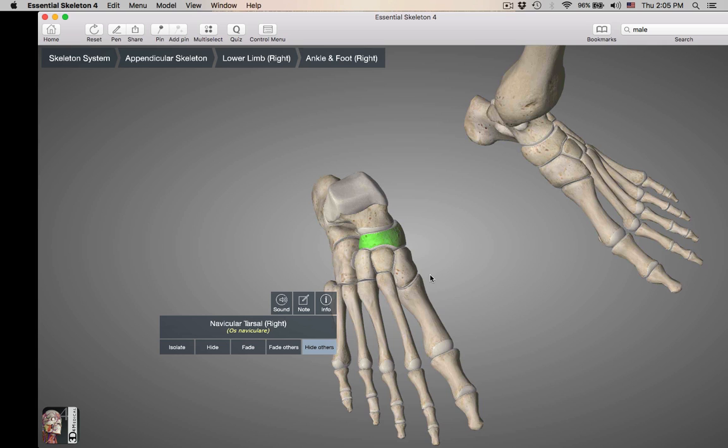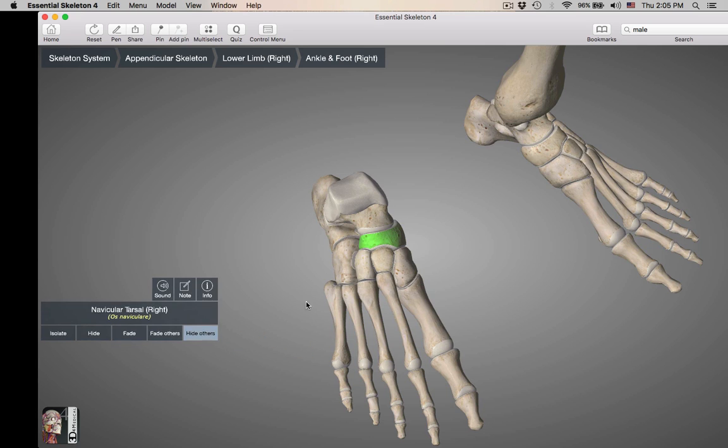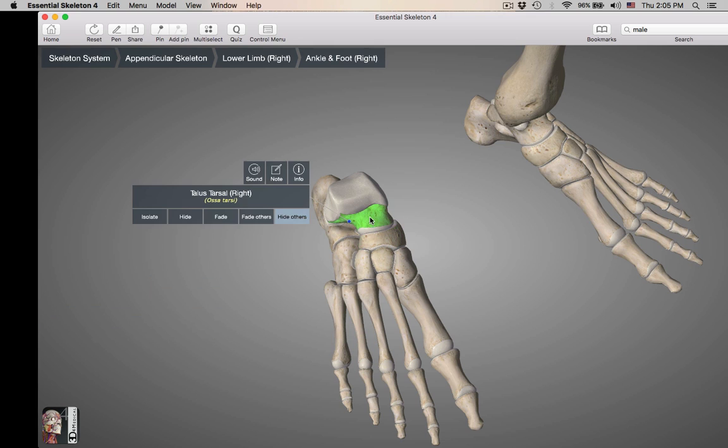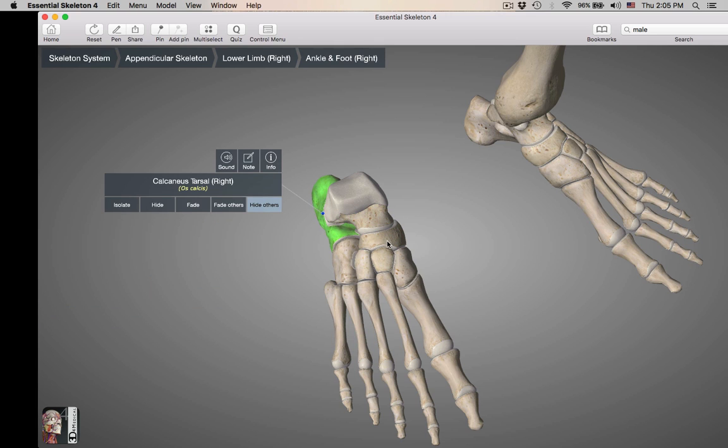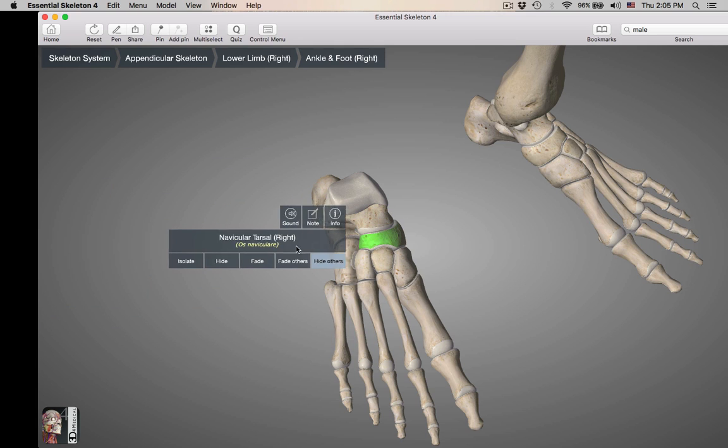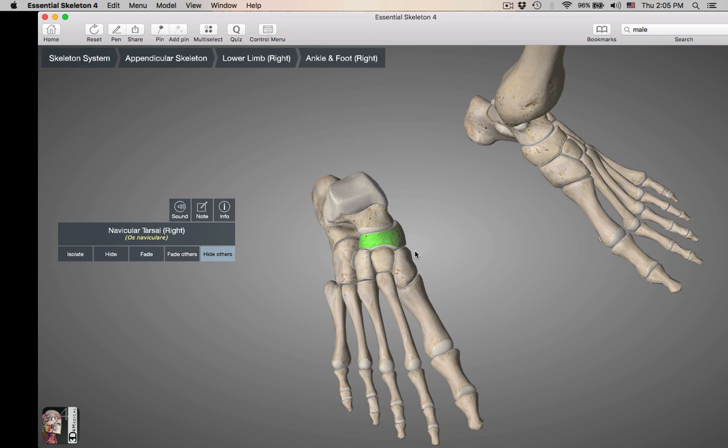Remember, this is your big toe. Always get yourself oriented. This is your big toe, medial. This is the medial part of your foot. This is the lateral part of your foot. So talus, calcaneus, navicular, right in front of talus. It's a medial bone.